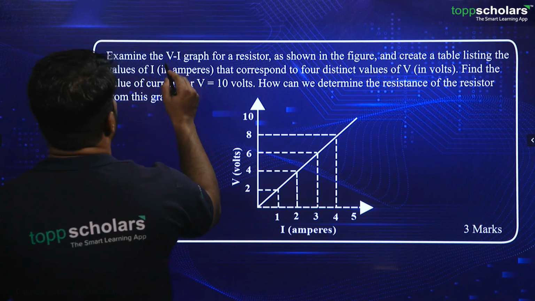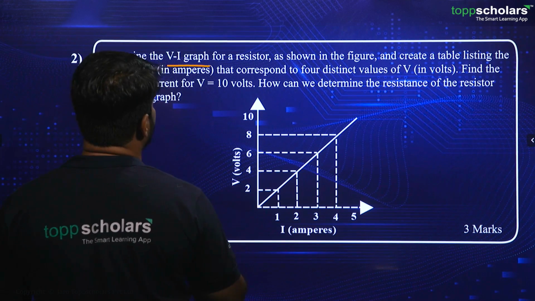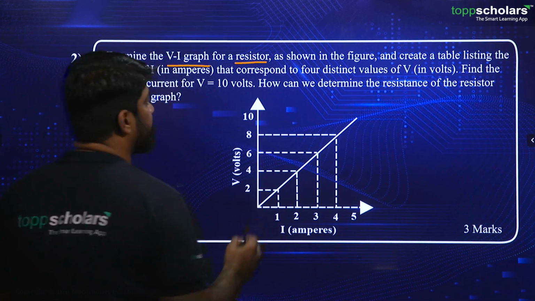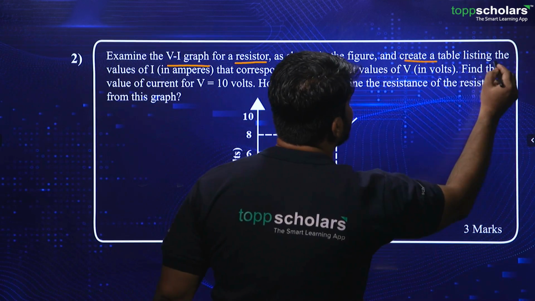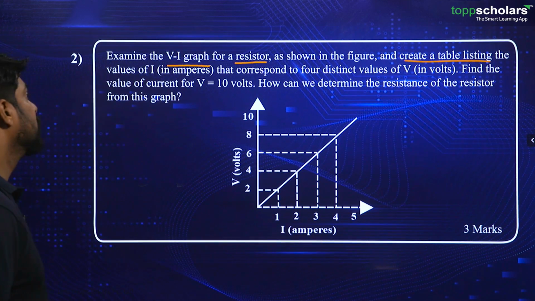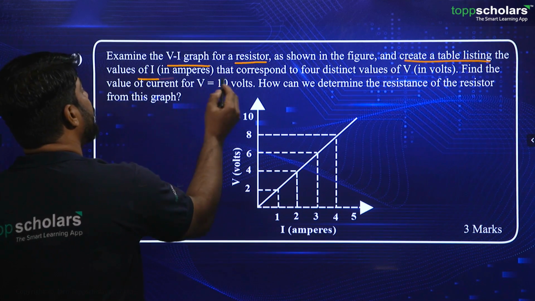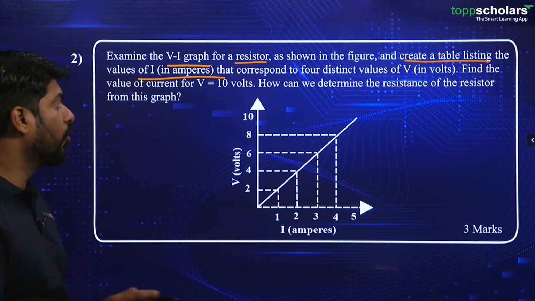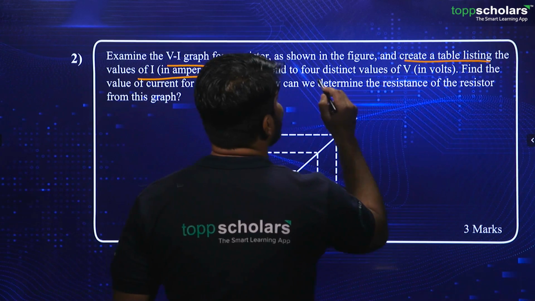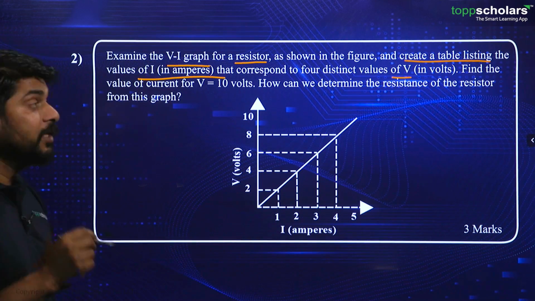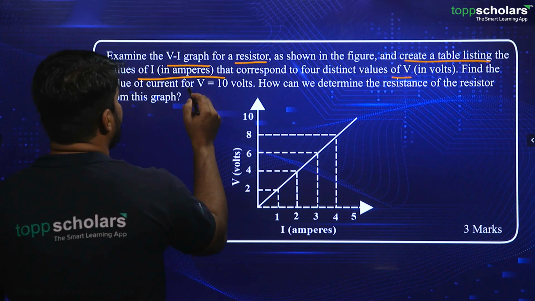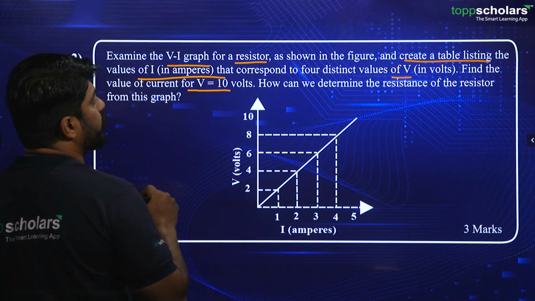Examine the VI graph, that is voltage current graph for a resistor as shown in the figure, and create a table listing the values of I in amperes that correspond to 4 distinct values of V in volts. Find the value of current for V equal to 10 volt.